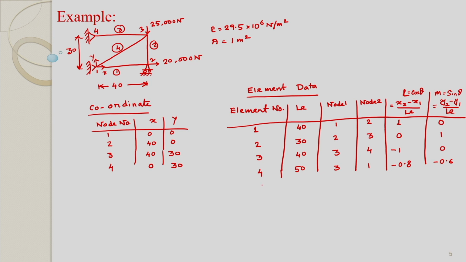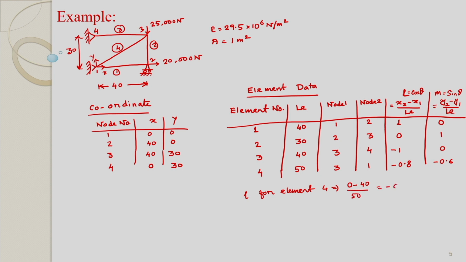So, for element 4, calculation of L for element 4, because your x2, means the second node, node 1 coordinate is 0, first node x coordinate is 40 and your length is 50.